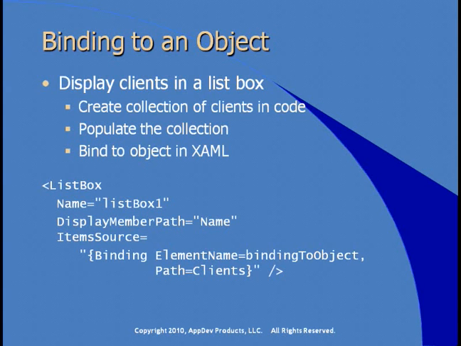We'll have a list box, and we'll set the ItemsSource to the Clients object in the BindingToObject class. That BindingToObject class is the window. And we'll have a public property called Clients, which will be a generic list of instances of a Client class. And then in the list box, we're going to display the name of the client.